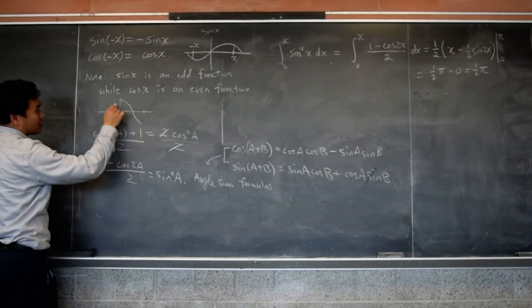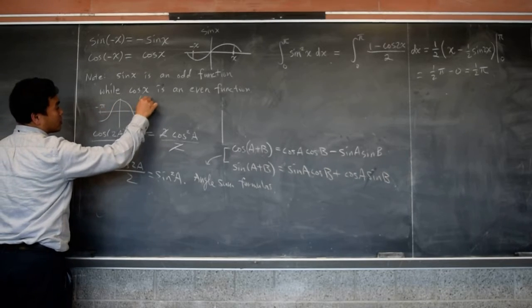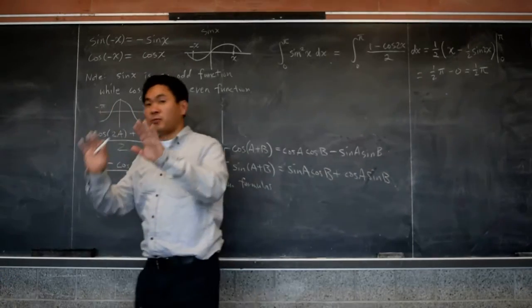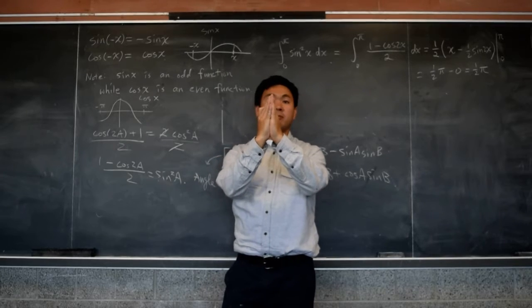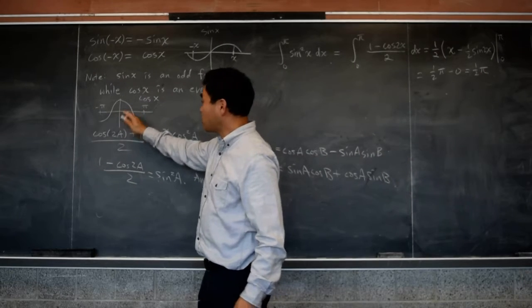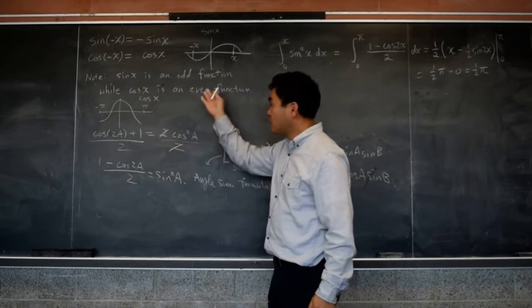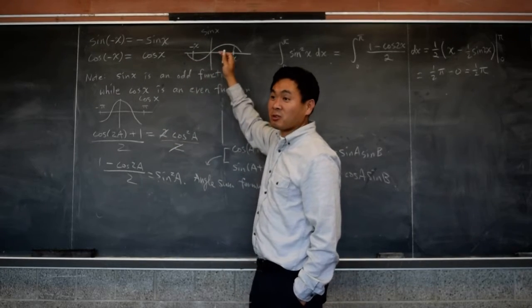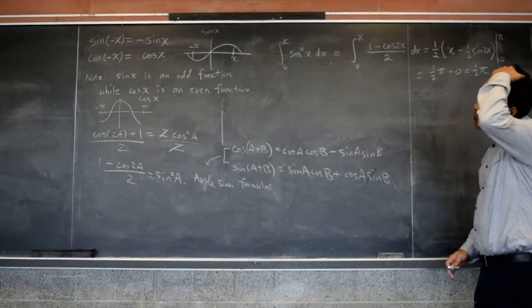This will be on one side, the other side will be like this, from negative pi to pi. That's the cosine graph. Now, this graph has the property that if you folded it along the y-axis, the left and right match, right? In that case, because it evenly matches, you call it an even function, okay? And since this is the opposite of being even, this is called an odd function, okay? All right, so what does that mean?